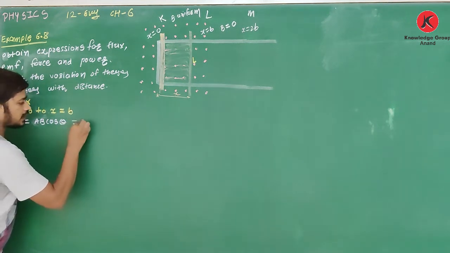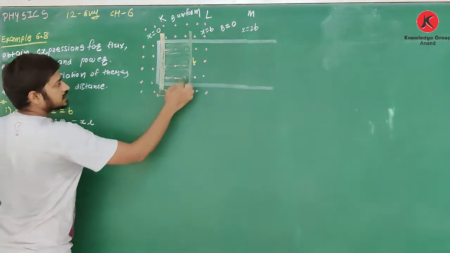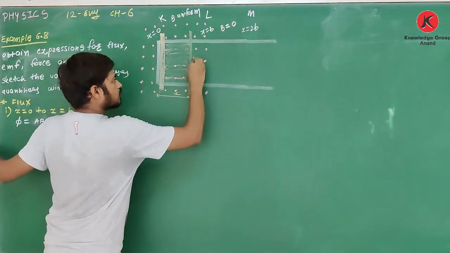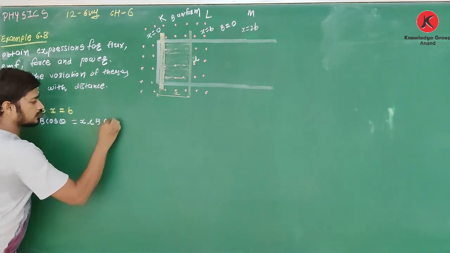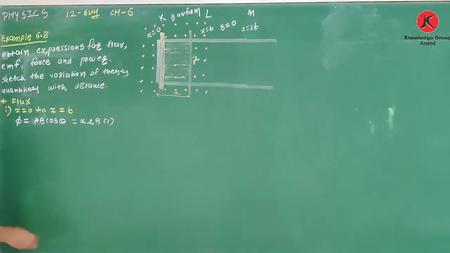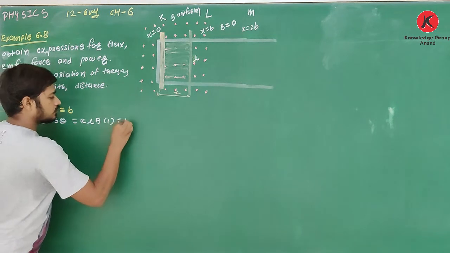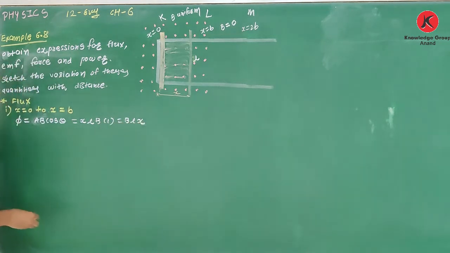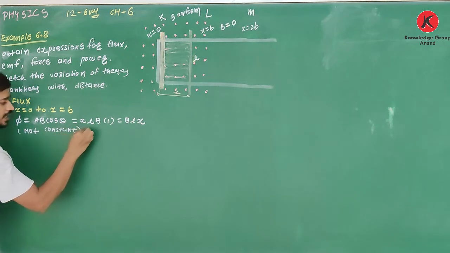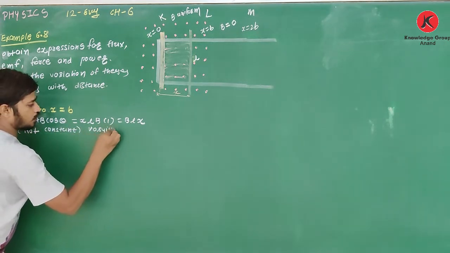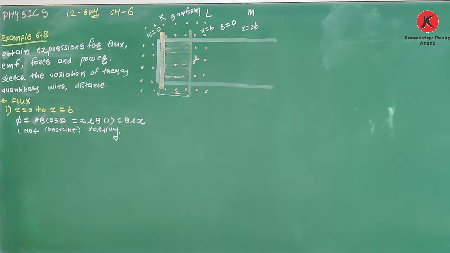Area means it is x into L. This x, and length of wire is L. And B, and cos 0 is 1. So phi is equal to B L x. And is it constant or varying? It is not constant. It is varying. Clear about this?